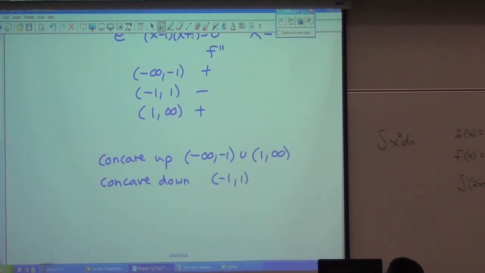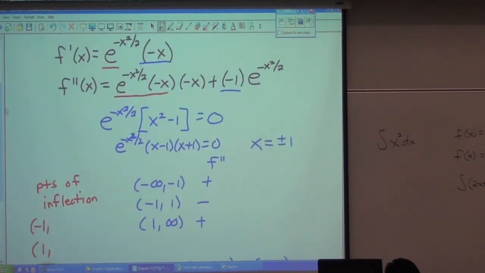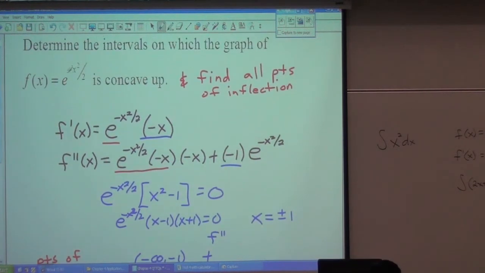But then to find points of inflection, since at negative 1 it went from concave up to concave down, there's a point of inflection when x is negative 1. Then at 1 it went from concave down to concave up, so there's a point of inflection when x is 1. We've got to go back to the original function to find the y's.